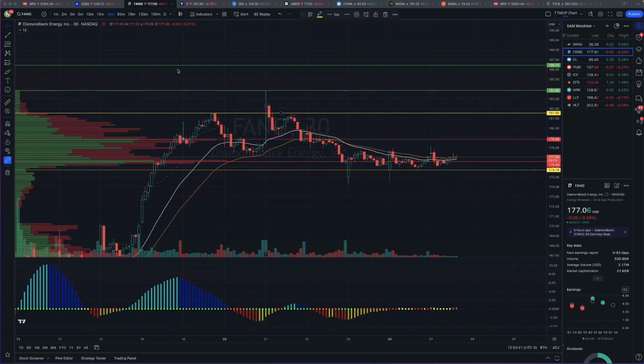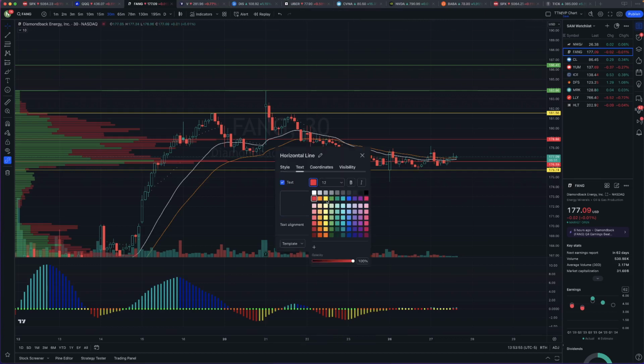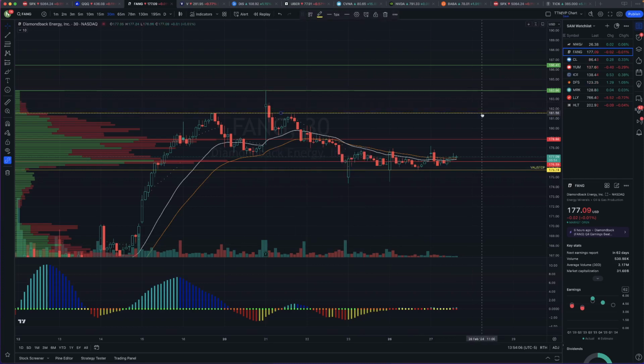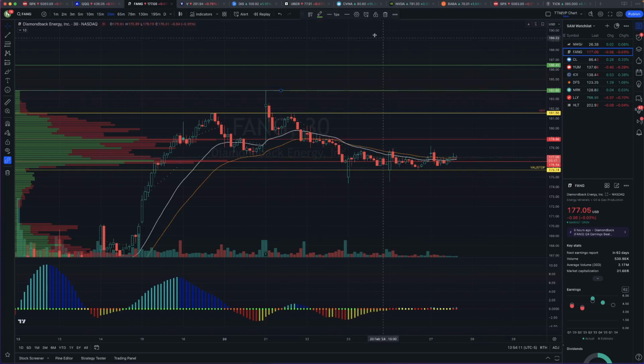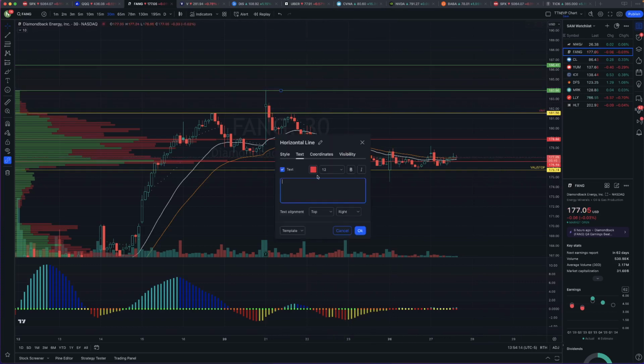So now we have our, let's label them here, since this is all part of the exercise. Shouldn't I be able to do that by doing the gear? Oh, here we go. We're going to make that yellow. We're going to go value area low / stop. Here we're going to say value area high. This is going to be green.